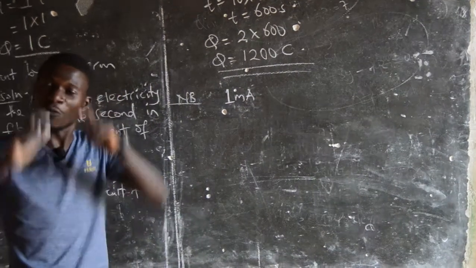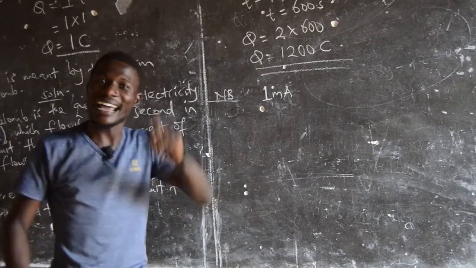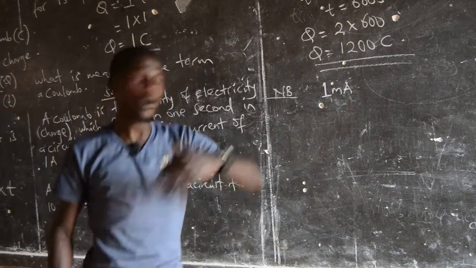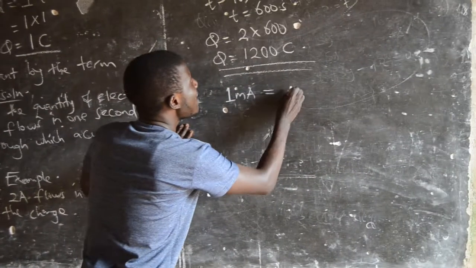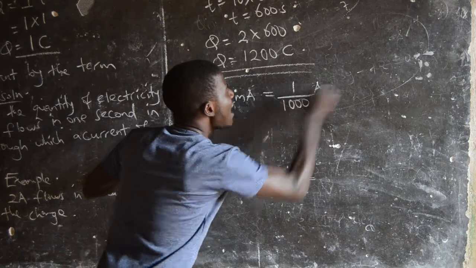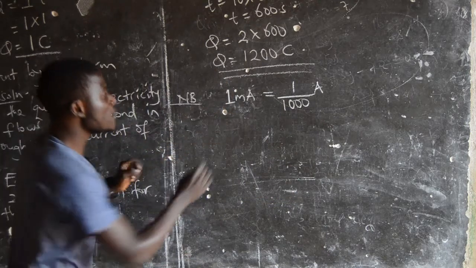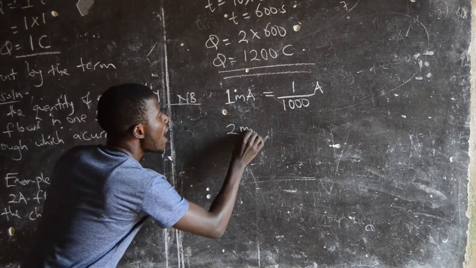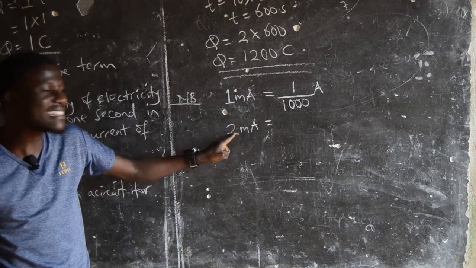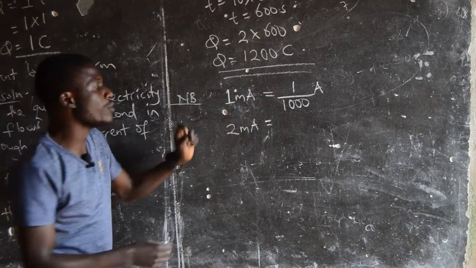Remember, the SI unit of current is ampere, but there are other units like milliamperes and microamperes. So 1 milliampere means the same as 1 over 1,000 amperes. If I give you 2 milliamperes and you are converting them to amperes, that means get this value and divide by 1,000.